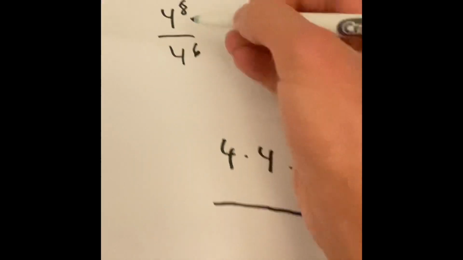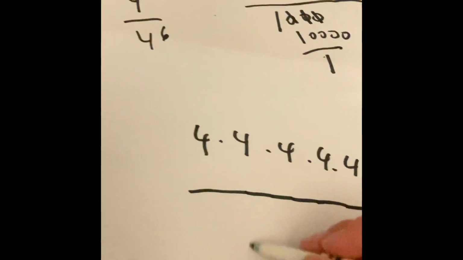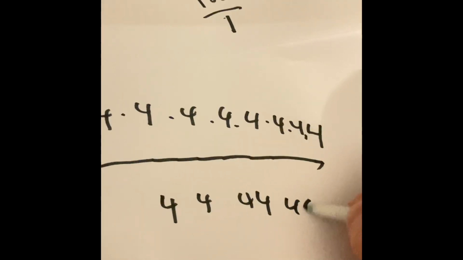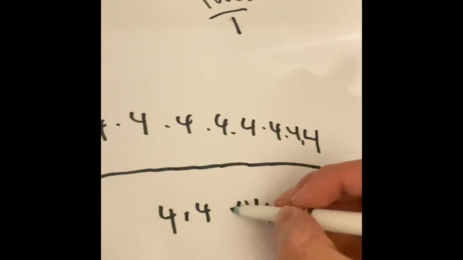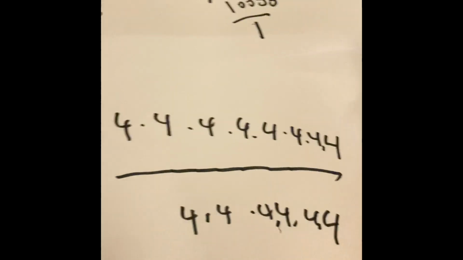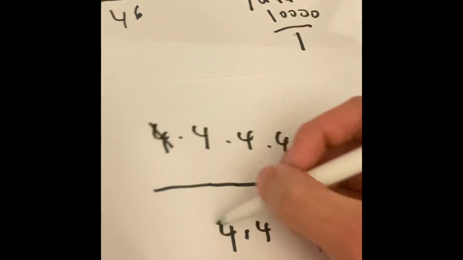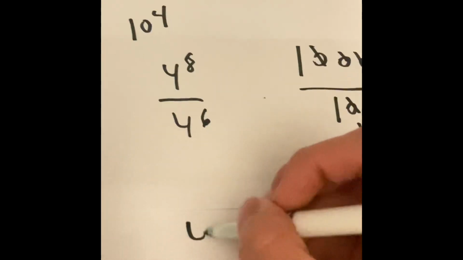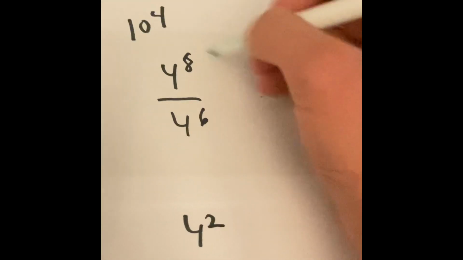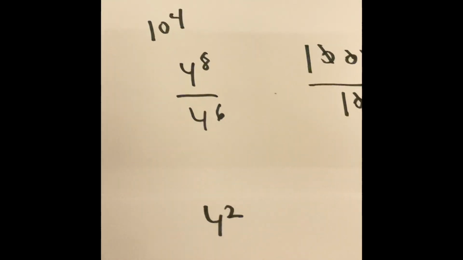Then we write 4 6 times, 1, 2, 3, 4, 5, 6. Let's cancel out: 1, 1, 2, 2, 3, 3, 4, 4, 5, 5, 6, 6. There are 2 4s left. So we have 4 to the 2nd power, or 8 minus 6.